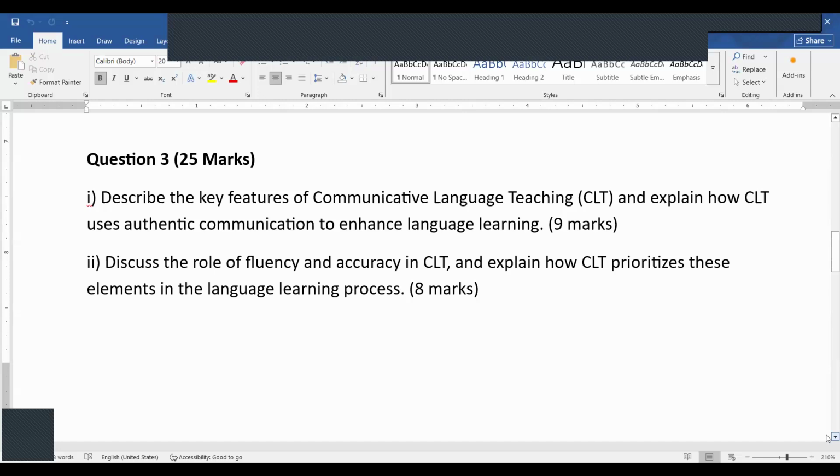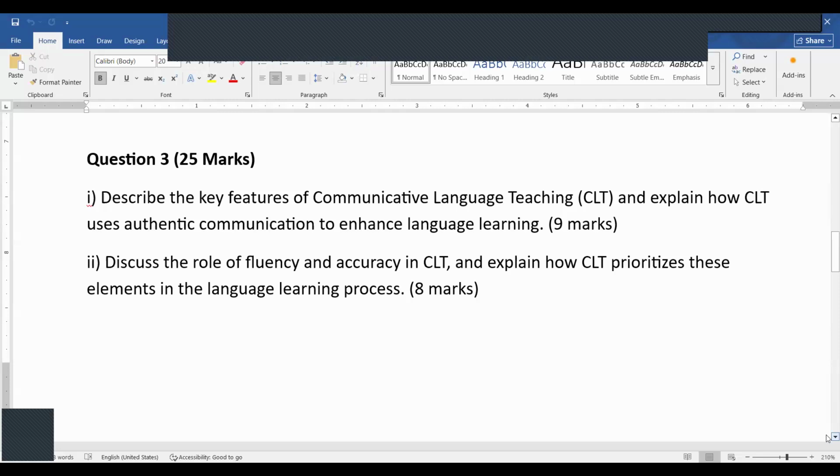Under communicative language teaching, the students get authentic communication, so they try to communicate naturally. The focus is on communication. That means the focus is on fluency rather than accuracy.